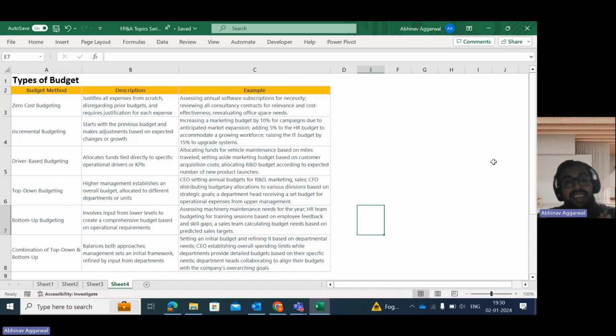Both the department heads and the CEO will align their budgets to the company's overarching goals. So in the combination, we take inputs from top level management and from lower level, operational management, and balance them out and arrive at a consensus. That is what I call the combination method.